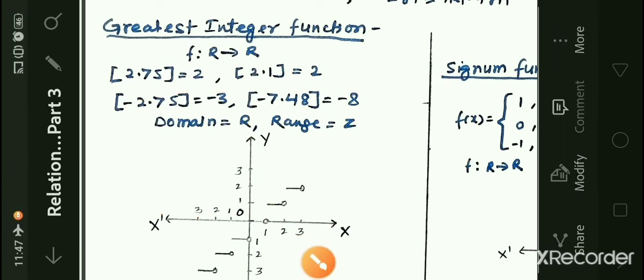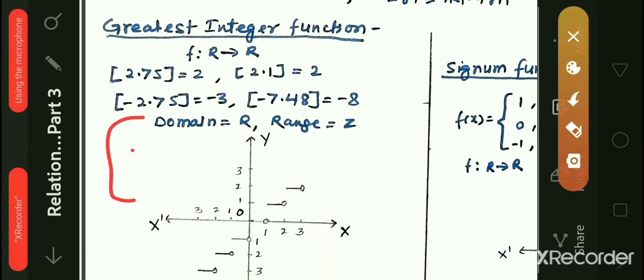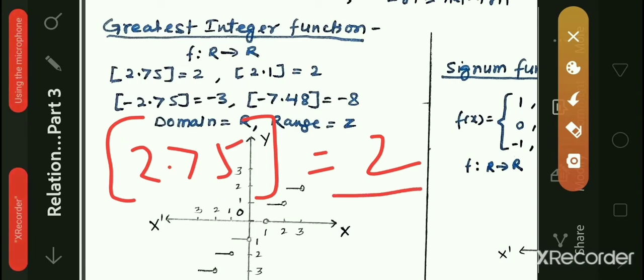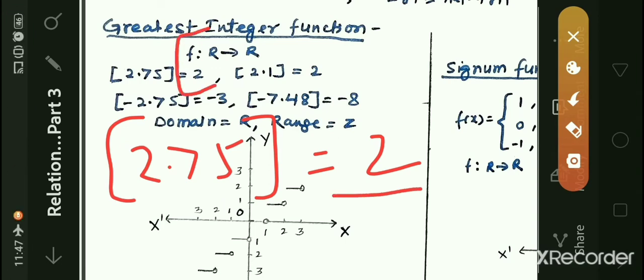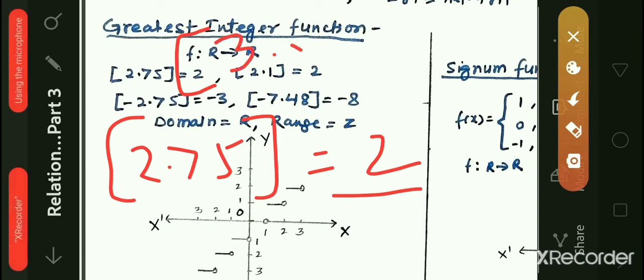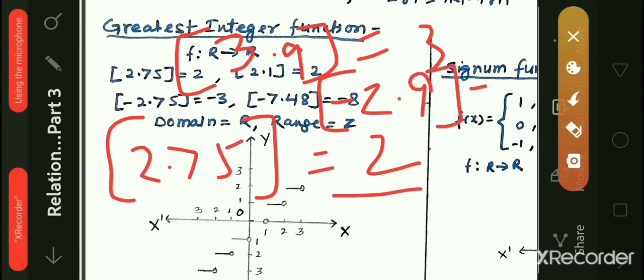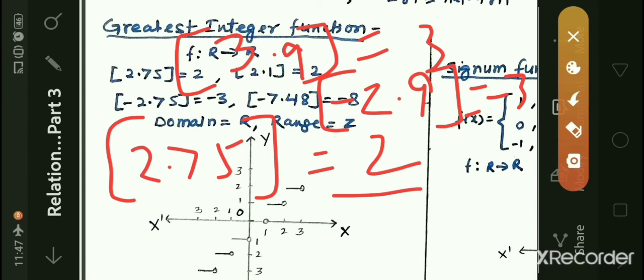It means if there is 2.75, it will be 2 because its extreme left integer is 2, and if there is 3.9, it will be simply 3 because the extreme left integer will be 3, and if it is negative, minus 2.9, it will be minus 3 because the extreme left integer to minus 2.9 is minus 3.